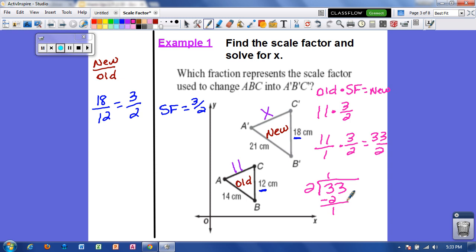I get a remainder of 1. 2 goes into 13 6 times, which is 12, and I get a remainder of 1. I add a decimal and a 0. Decimal goes up, 0 goes down, and 2 goes into 10 5 times. So that means x equals 16.5, and our units are centimeters.